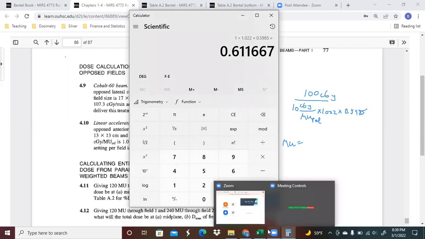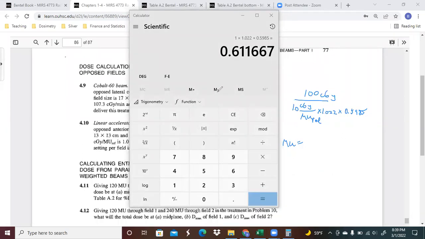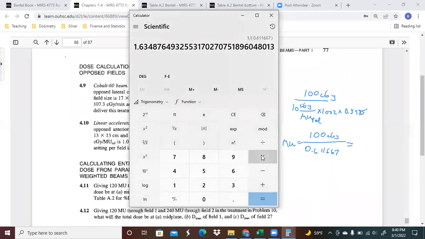So this is 100 divided by 0.611667. And that ends up with 163.48, which if you round up, since you can't have a fraction of a monitor unit, is 164 MUs.